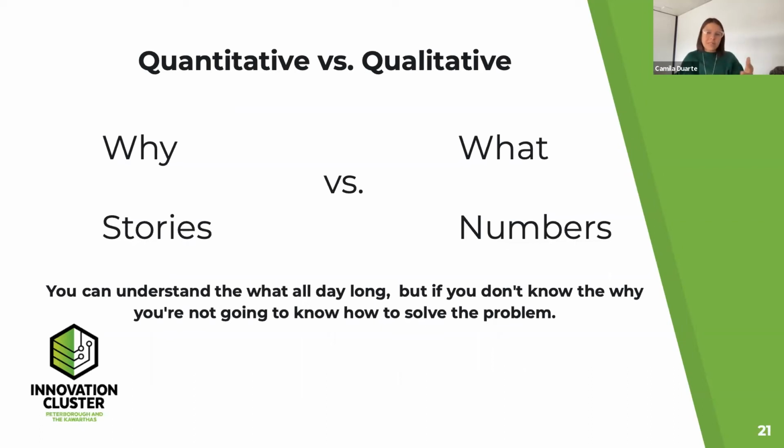You can understand the what all day long, but if you don't know the why, you're not going to know how to solve their problem. So a lot of people who love numbers and analytics say, but I have a website, I have Google Analytics. Well, that's going to give you half of the story, but you really want a complete story, right? So enter qualitative research.